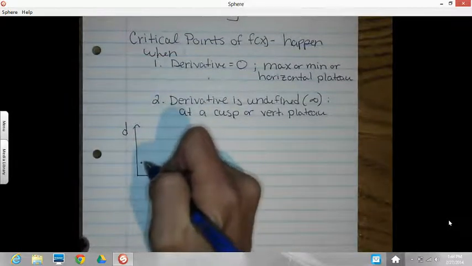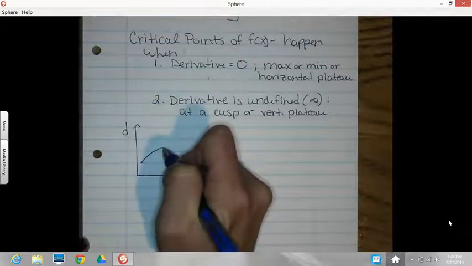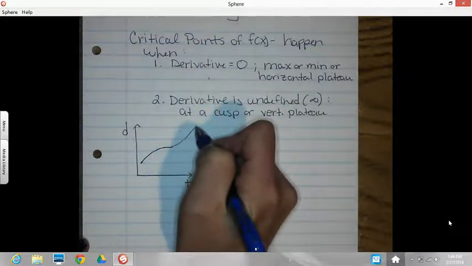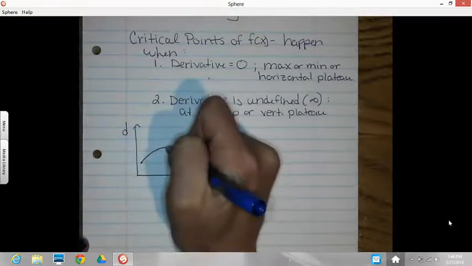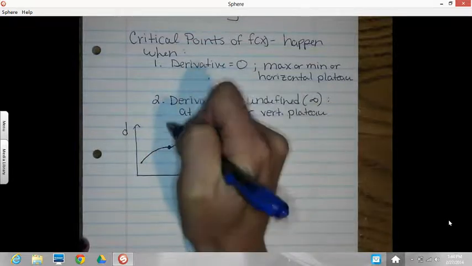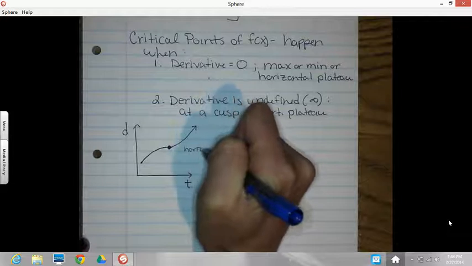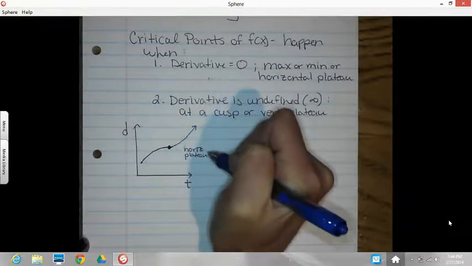Takes off, slows down, stops for a bit, then takes off again, speeds up. So what we've got right in here where it stopped and paused is called a horizontal plateau. So that's our only critical point on this graph.